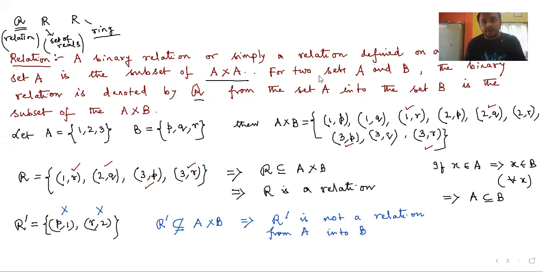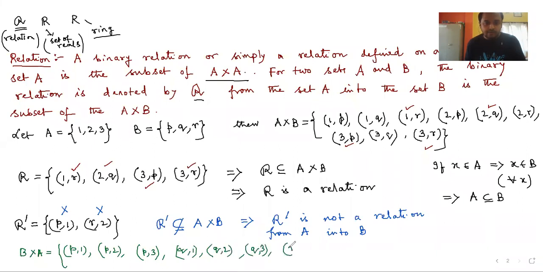But if someone considers B cross A, he will get elements like P1, P2, P3, Q1, Q2, Q3, R1, R2, R3.